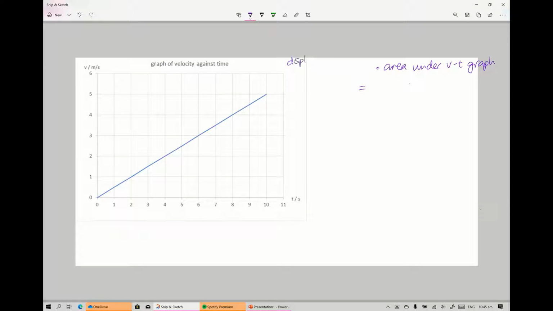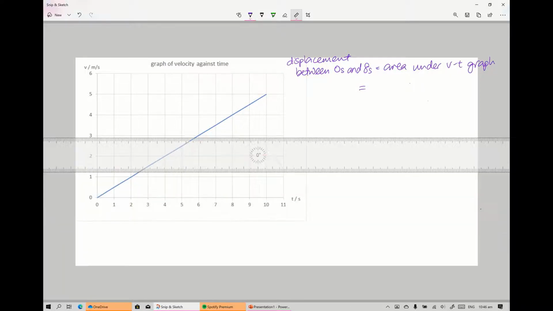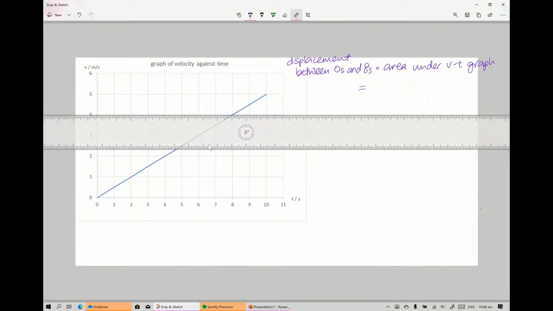We're going to find displacement between 0 seconds and 8 seconds. And for displacement between 0 seconds and 8 seconds, we must first map out the coordinates.